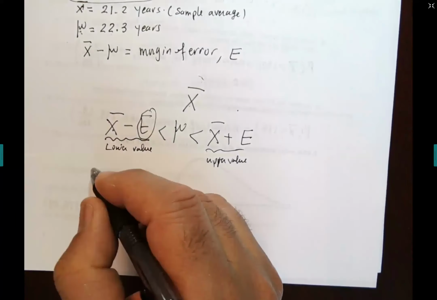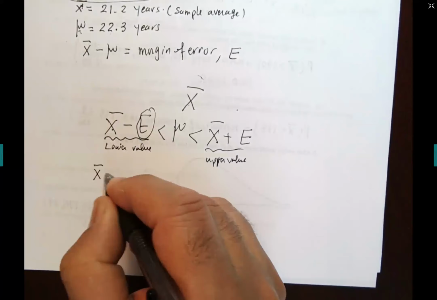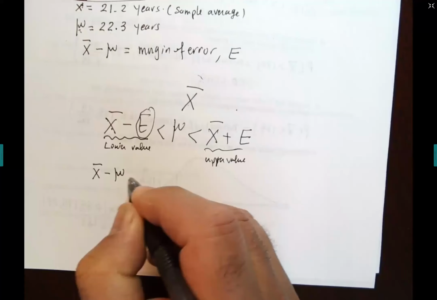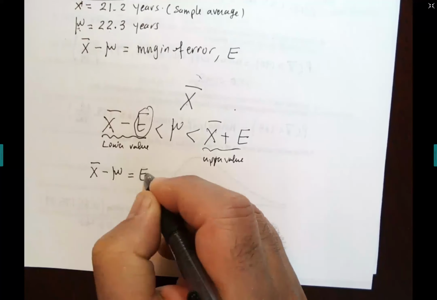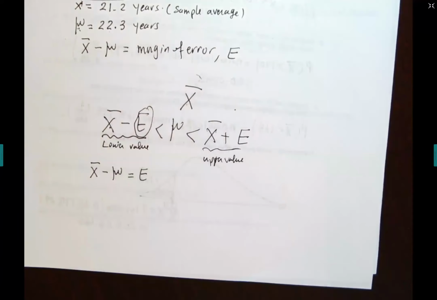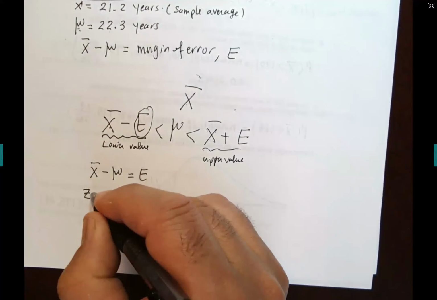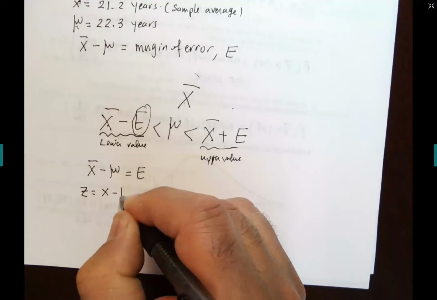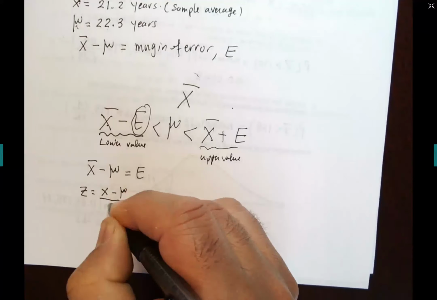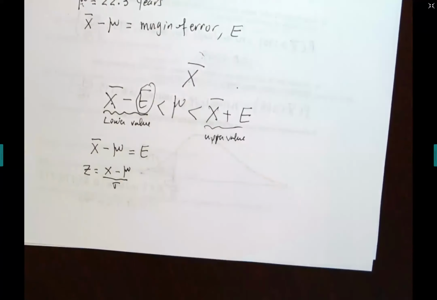I told you that X bar minus the mean is called the margin of error, E. Now I want to take it to a formula that we did in chapter 2: Z equals X minus mean divided by sigma.